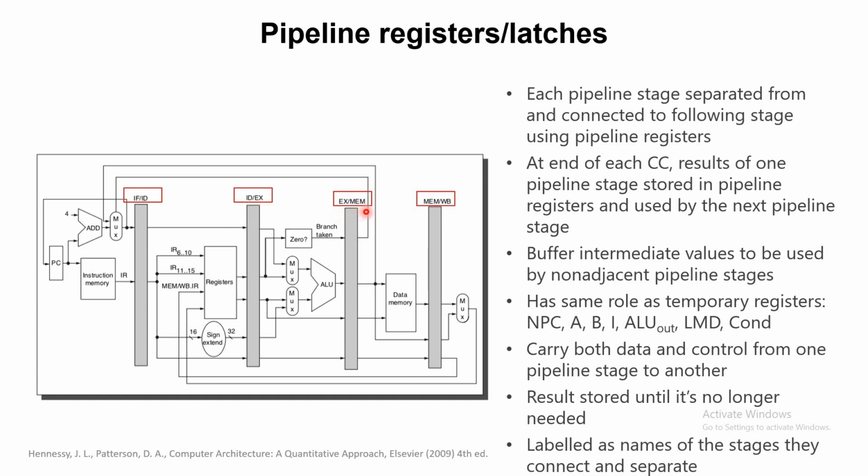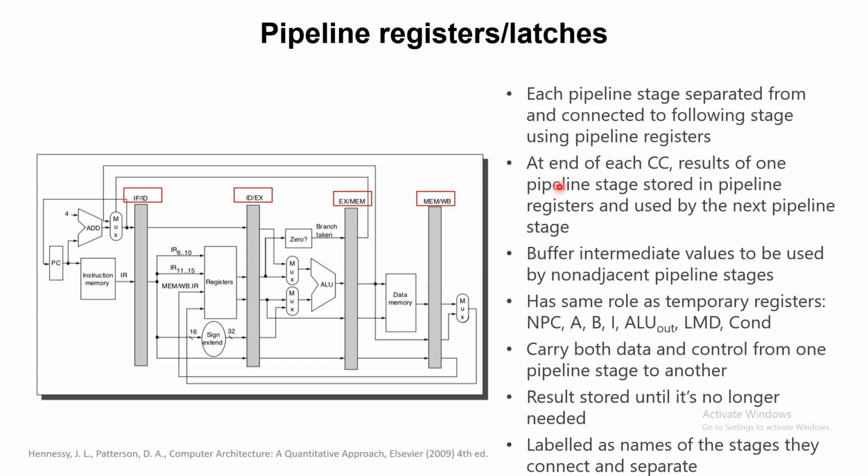Similarly, execution and memory, this will be another set of registers between the third and fourth stages. Similarly, each and every stage will be separated with a set of registers. So at the end of each clock cycle, the result of one pipeline stage has to be stored in the pipeline register used by the next pipeline stage.